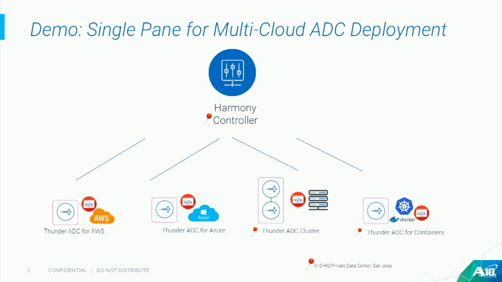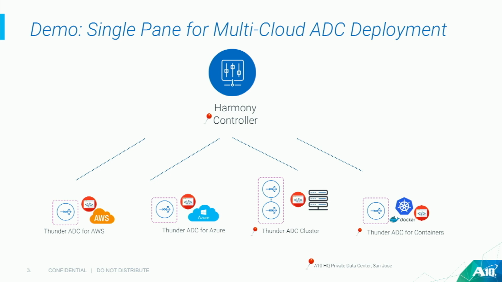We also have a Thunder ADC for Azure that is load balancing some applications on Azure. We have a Thunder hardware cluster operating as an HA pair at our A10 headquarters. And then we also have ACOS running as a container, which is load balancing the Kubernetes cluster.